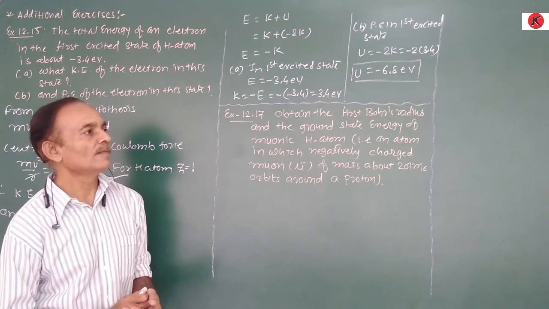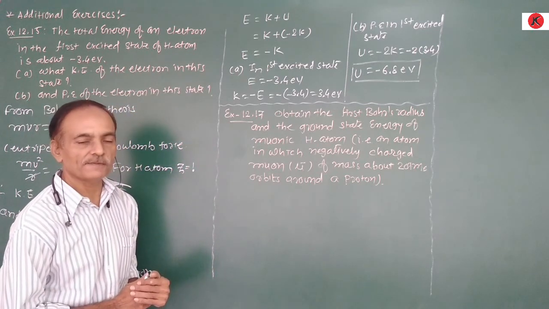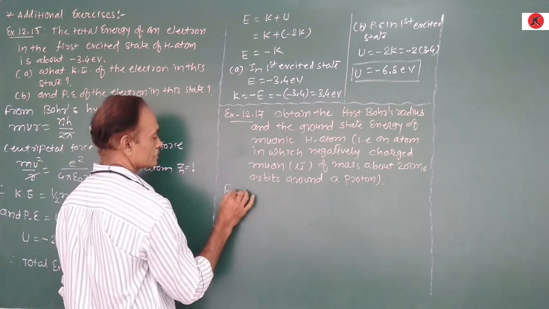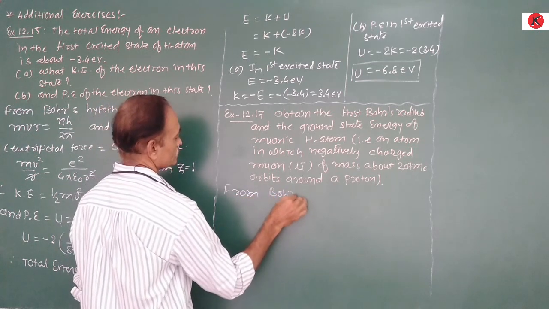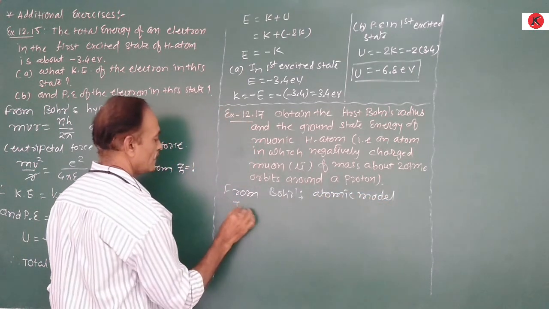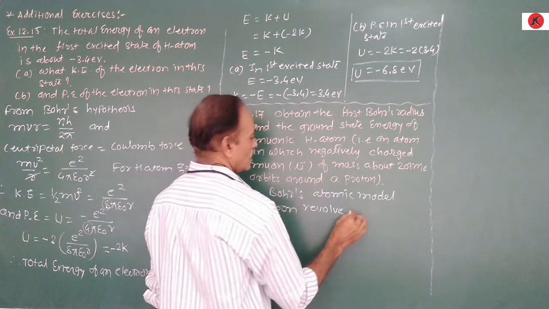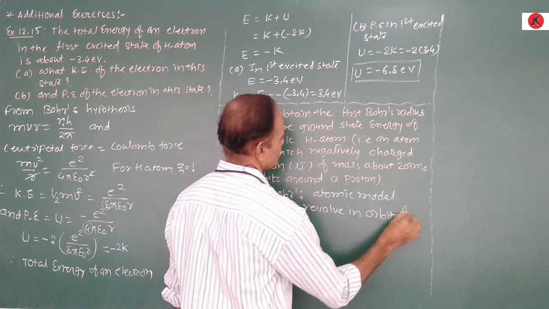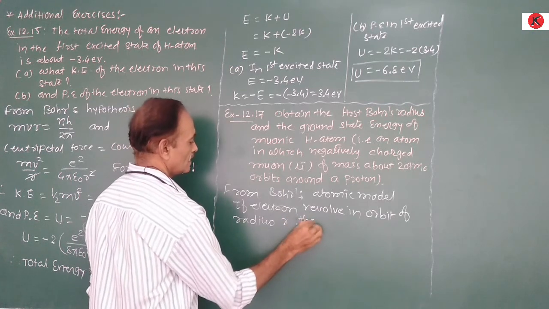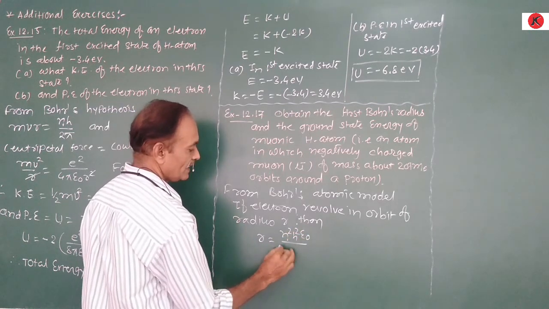Now we know that from Bohr's atomic model hypothesis, if the electron revolves in an orbit of radius r, then the radius r is equal to n square h square epsilon 0 upon m pi square.